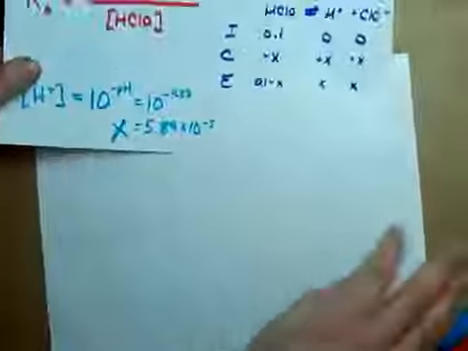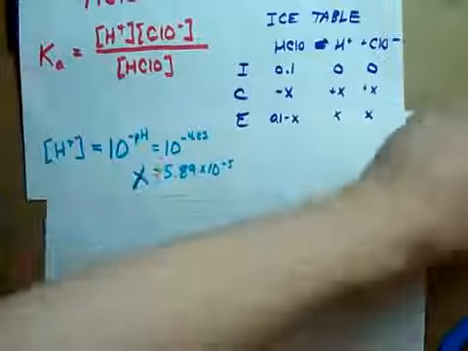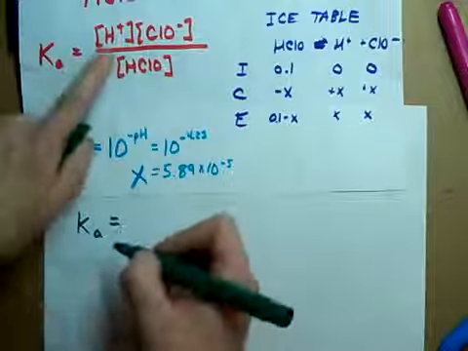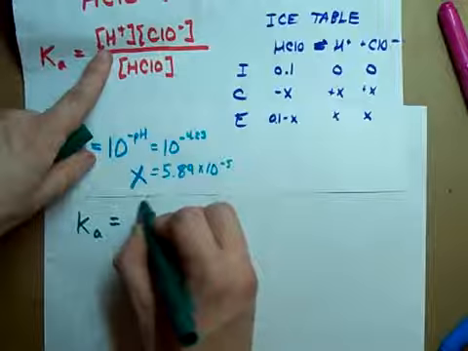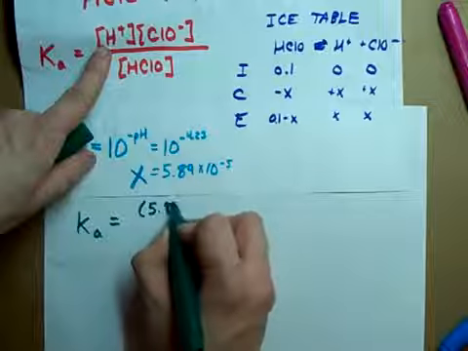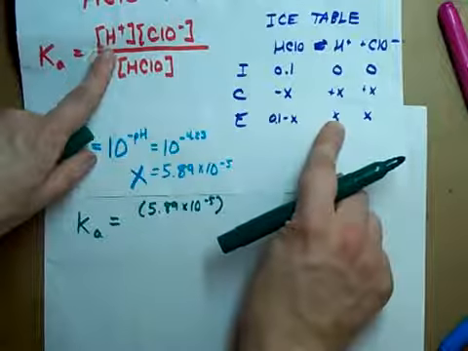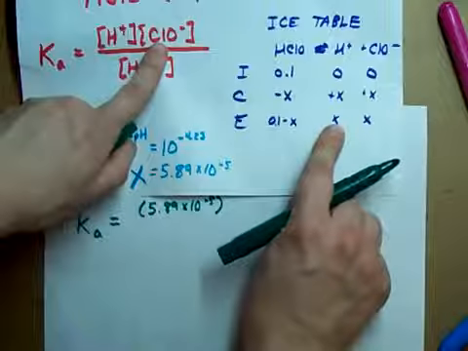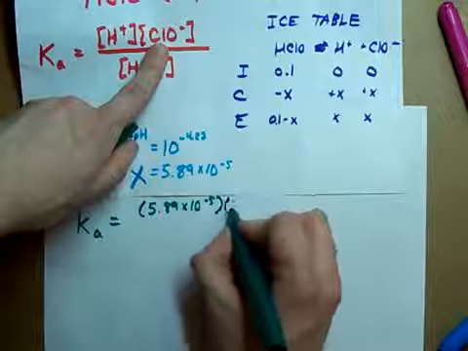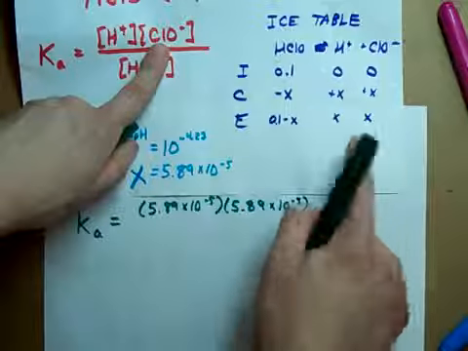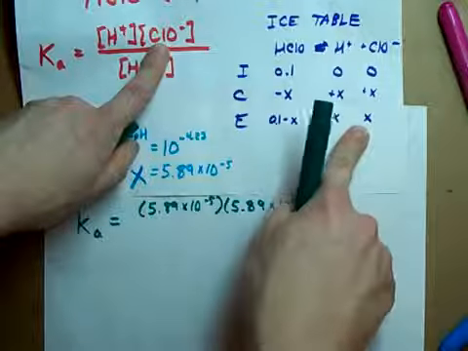And this is where things get awesome, because they've already told us that Ka is the concentration of H plus. Oh, well that's 5.89 times 10 to the negative 5, isn't it? Times the concentration of ClO minus. Oh, well that's 5.89 times 10 to the negative 5 as well, isn't it?